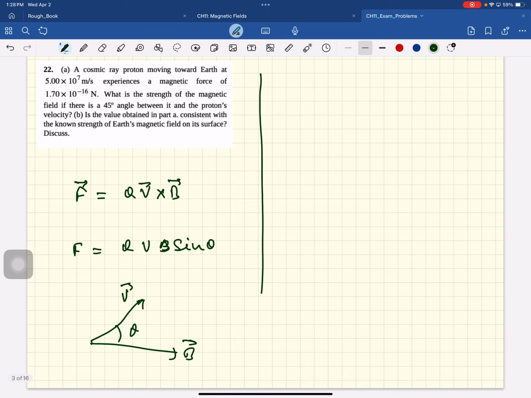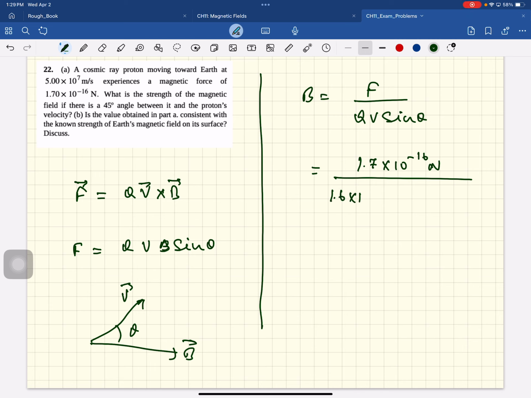So B is F over q V sine theta. The force is 1.7 times 10 to the minus 16 newtons. The charge of the proton is 1.6 times 10 to the minus 19 coulombs. The velocity is 5 times 10 to the 7 meters per second, and sine 45.